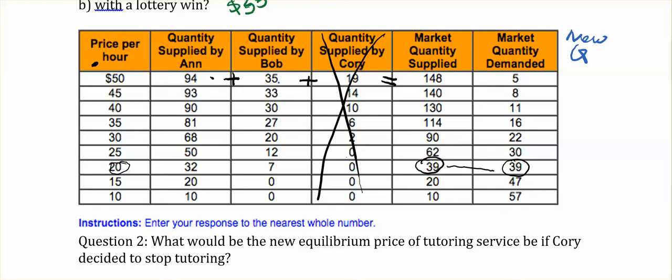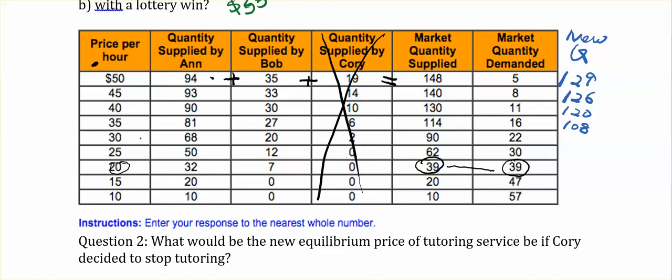So 94 plus 35 gives 129. When the market price is 45, you use 93 plus 33, and you get 126. When the market price is $40, you use 90 plus 30, and you get 120. When the market price is 35, you use 81 plus 27 to get 108.